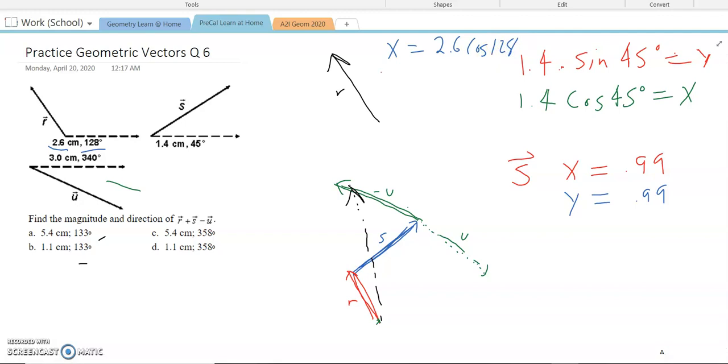And your y value equals 2.6 times sine of 128. When you plug those in your calculator, we do end up getting the resultant vectors for x and y: negative 1.6, which makes sense since it is in the negative direction for x, and our y value should be 2.0488.